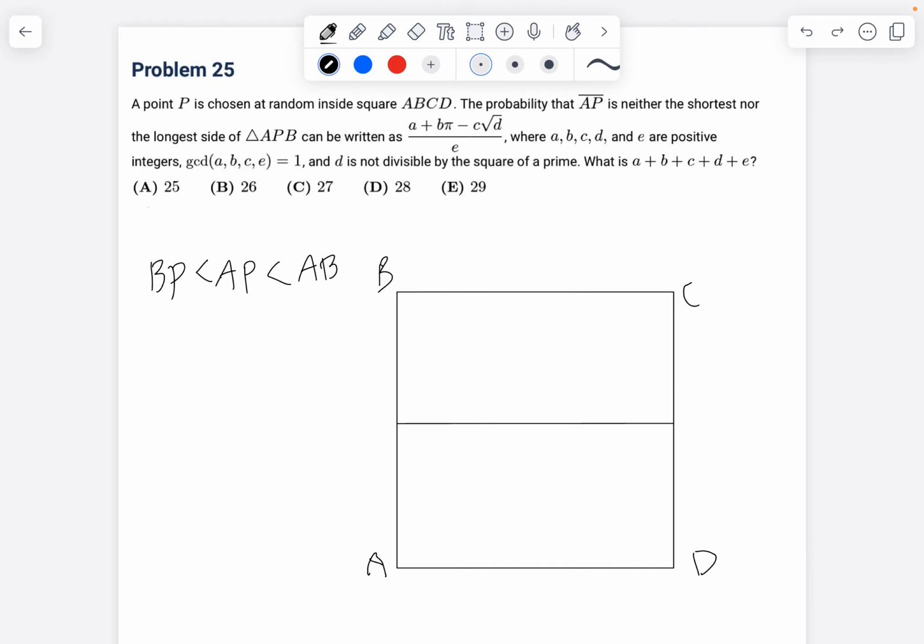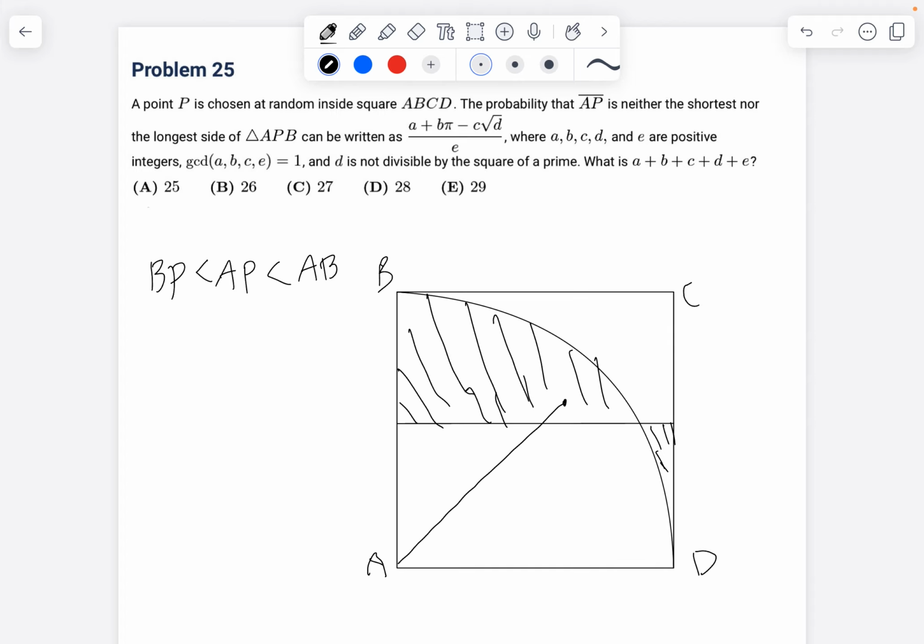To get the right answer, we first need to draw a curved line through BD. If we draw it like this, then this area and this area work for the question, because we can test it with a dot. If we put a dot over here, AP becomes neither the shortest nor the longest line of APB.